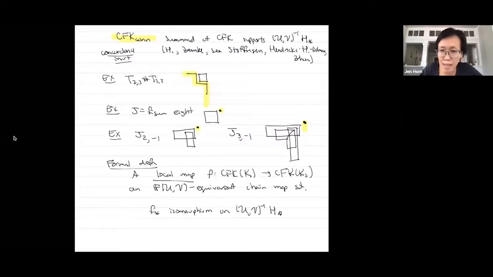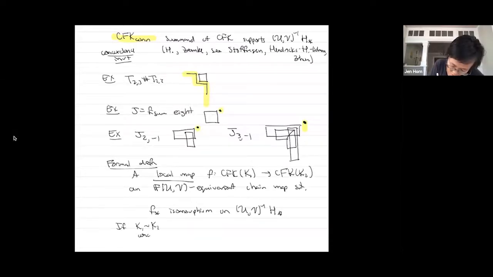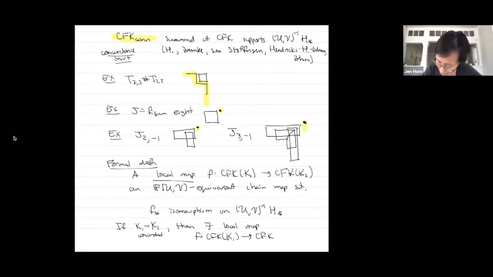Great, and what does this have to do with concordance? Well, the point is that if K1 and K2 are concordant, then there exists a local map between their knot Floer complexes. In fact, you get local maps in both directions because concordances don't really have a direction.